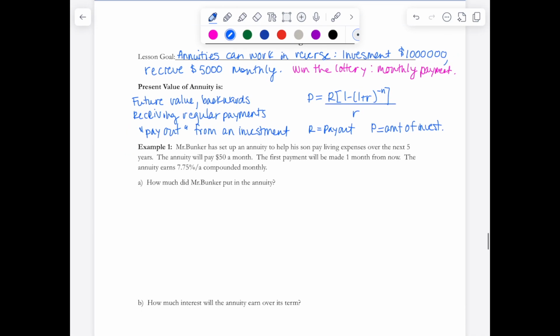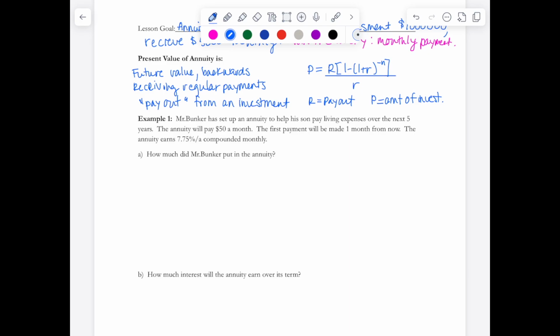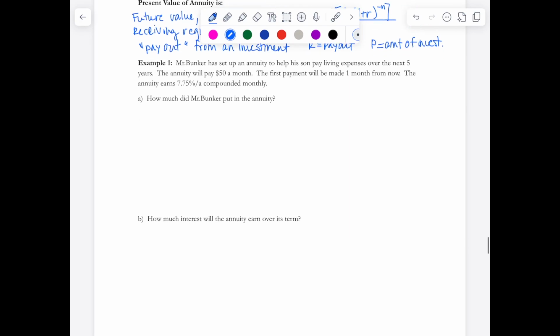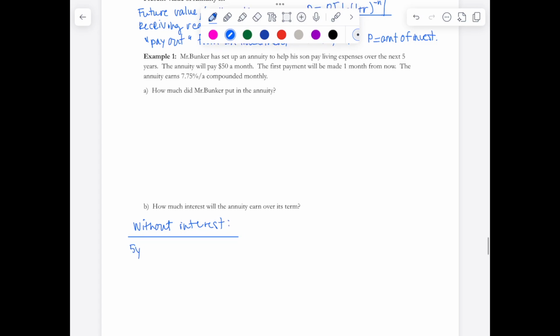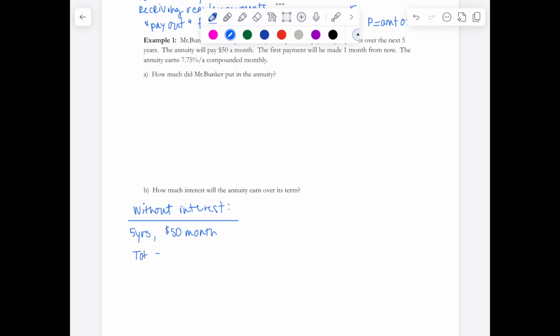So let's read this question. Mr. Bunker has set up an annuity to help his son pay living expenses over the next 5 years. The annuity will pay $50 a month. So if we're doing this without interest, if I have 5 years at $50 a month, my total amount would be 5 years times 12 months times $50.